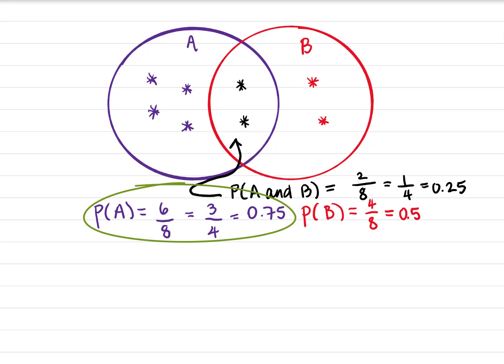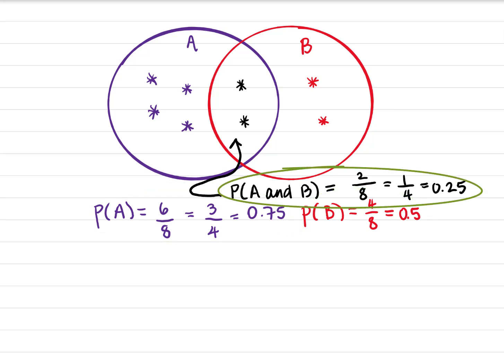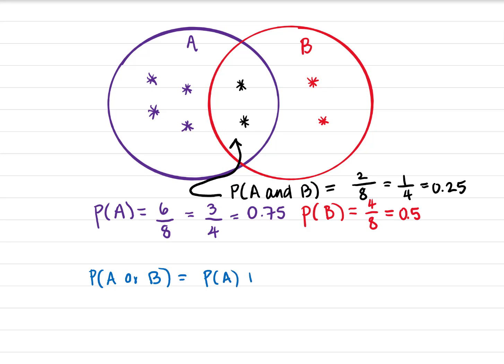The probability of A is 75%, the probability of B is 50%, and the probability of A and B is 25%. Now we might think that to find the probability of A or B, we would just add how many outcomes we have in A and how many outcomes we have in B divided by the total number of outcomes.